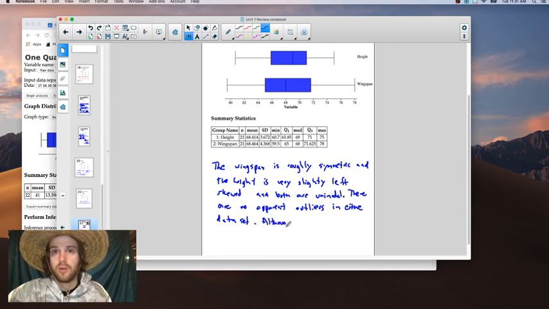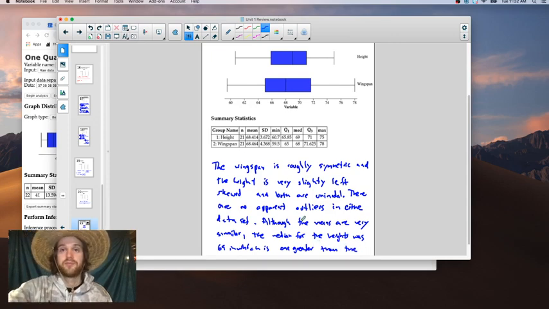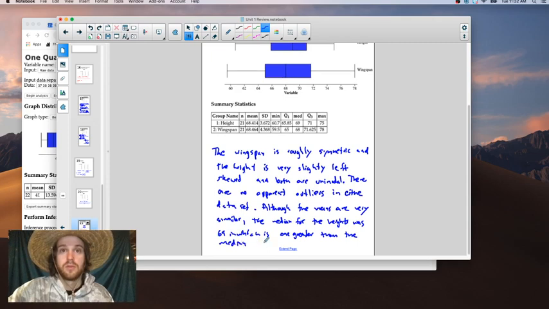Although the means are very close to the same, the median for the heights was 69 inches, which is 1 greater than the median for wingspan at 68 inches. Pulling that from the median data here.